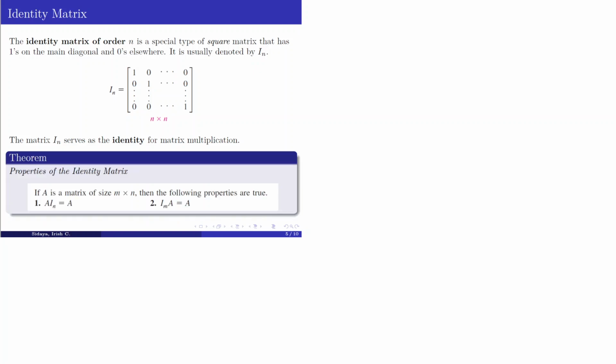That is, if A is a matrix of size m by n, then the following properties are true. So any matrix multiplied to the identity matrix is just equal to the matrix itself. Or for number 2, the identity matrix multiplied to a matrix A is just equal to A. But take note of the size. It should be that the multiplication must be defined.